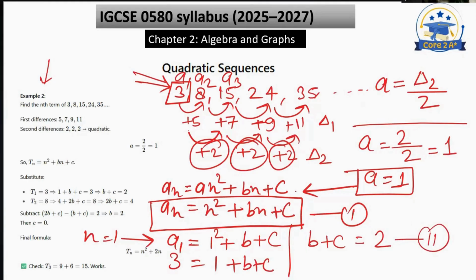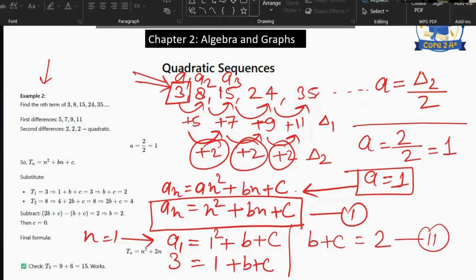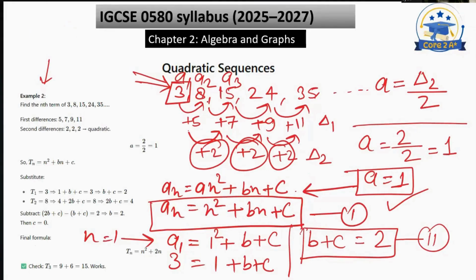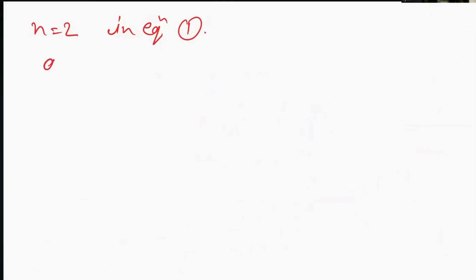Good. Now, A equals 1, and this is the second equation. By putting n equals 2 in equation number 1, where is equation 1? This. An equals n square plus Bn plus C. Put n equals 2.